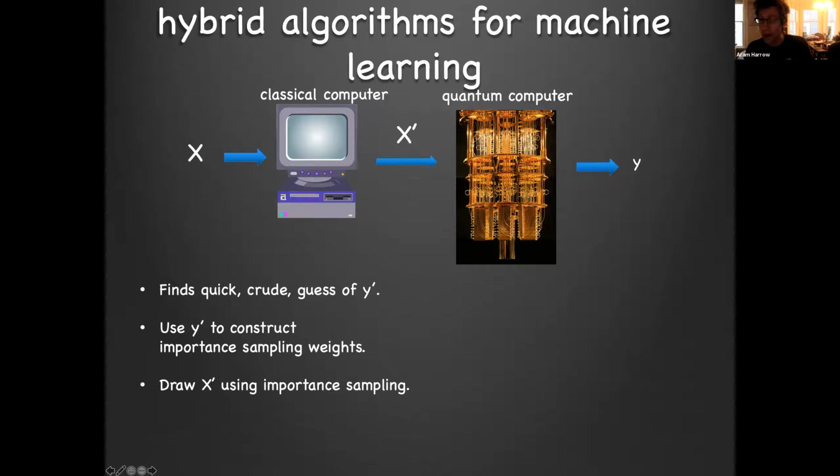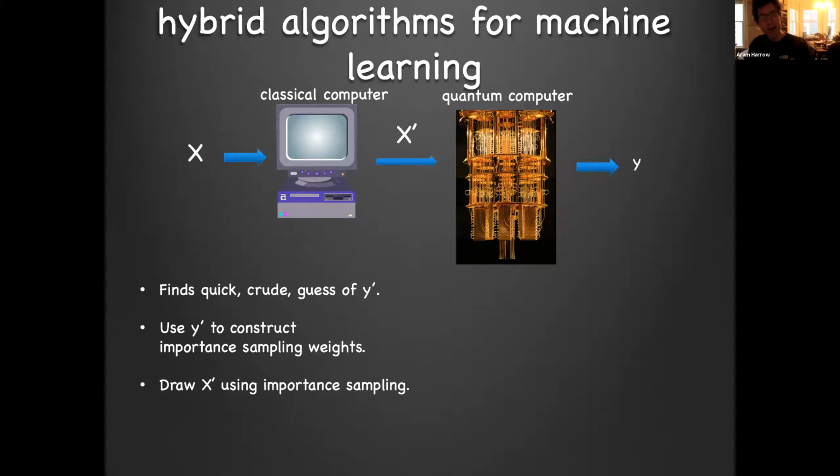One way you can do it is you first get a crude approximation. So the classical computer gets a very crude approximation y prime. For clustering, such an approximation might be one of these bi-factor approximations, where not only is it not a very accurate clustering, but also you use maybe 10 times as many cluster centers as you ultimately want to get.